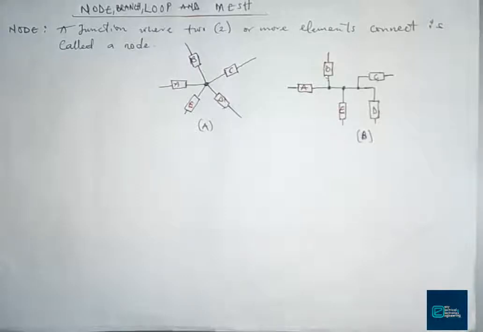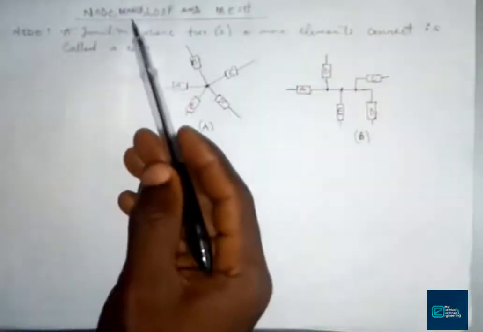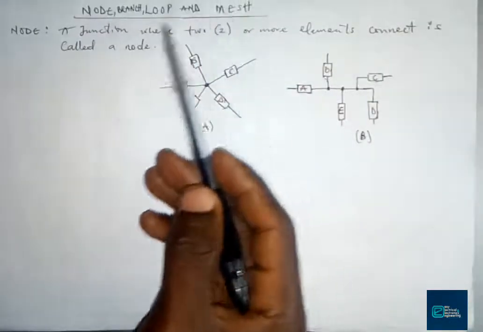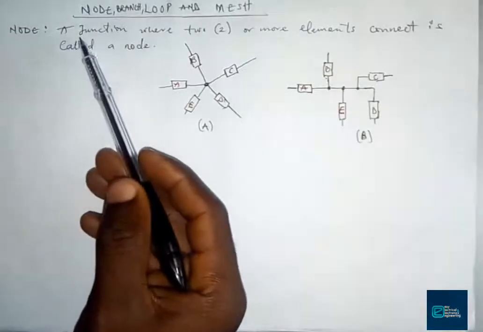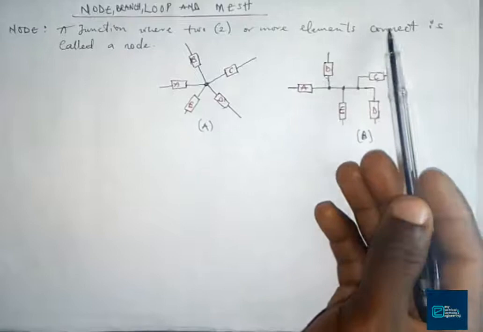Another set of circuit terminologies I have are these. We have node, branch, loop, and mesh. When we're talking about a node, we mean a junction where two or more elements connect.